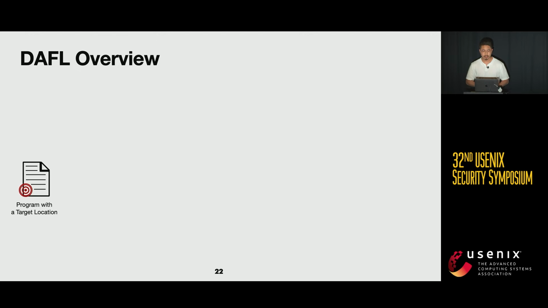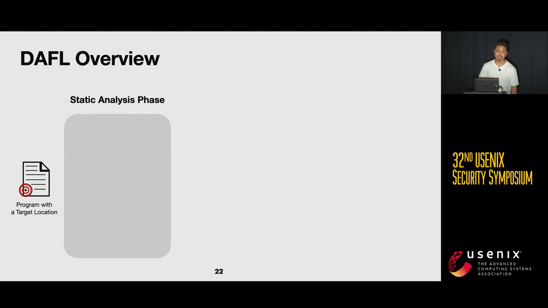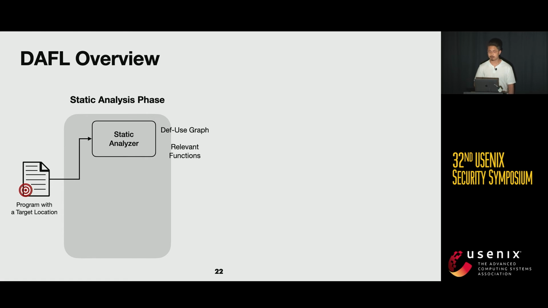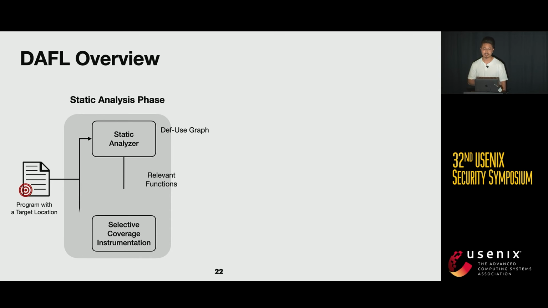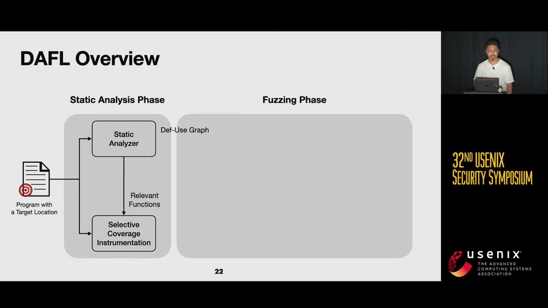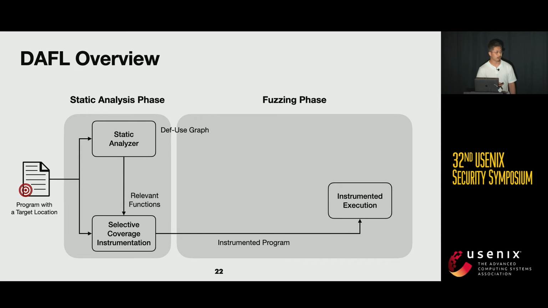We are given a program with a target location. Then we enter the static analysis phase, where we run the static analyzer to obtain the DUG and the list of relevant functions. Then we perform selective coverage instrumentation, where we utilize the list of relevant functions. After instrumentation, we enter the fuzzing phase, where we execute the instrumented program.